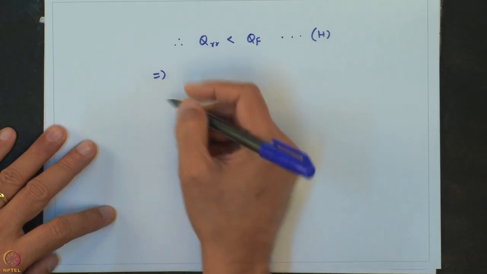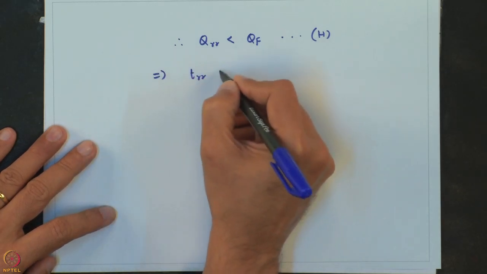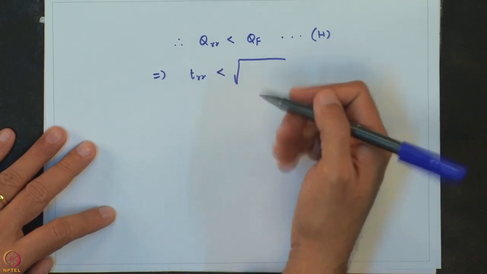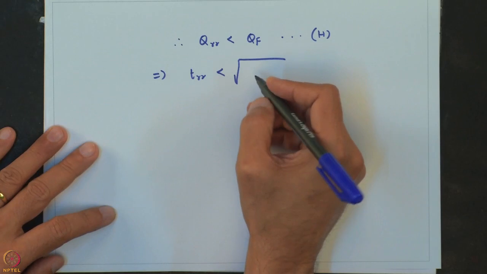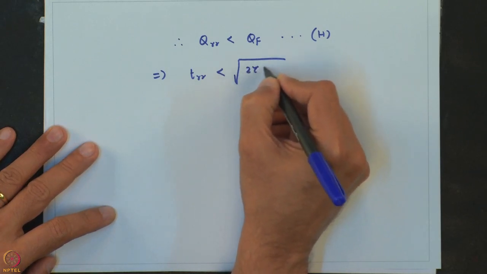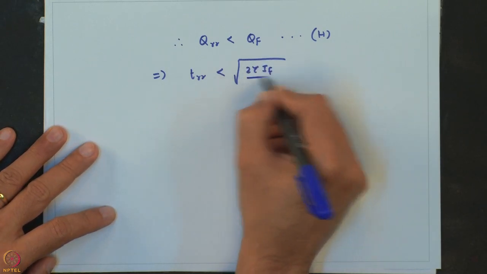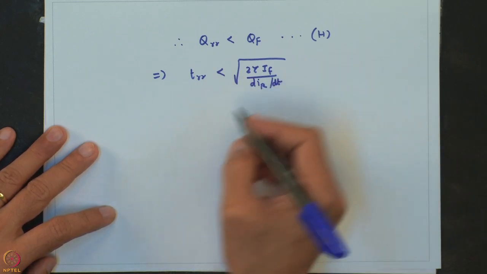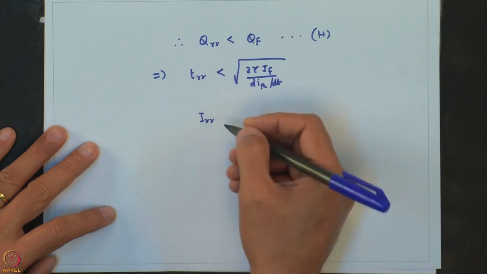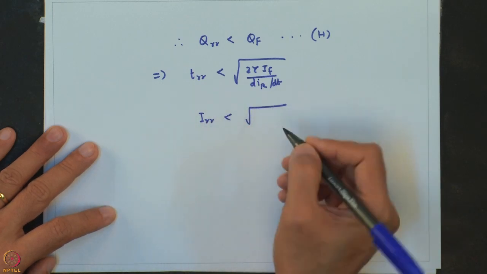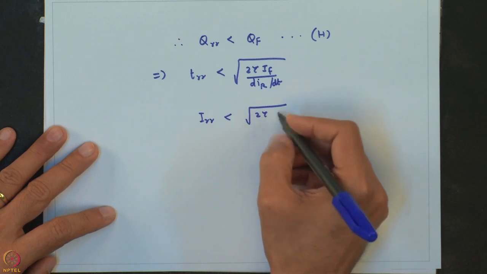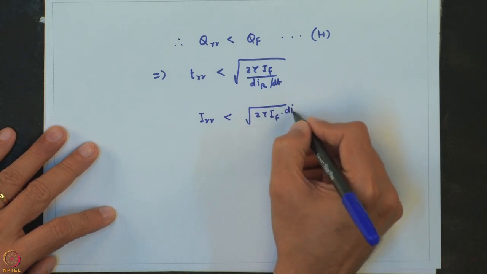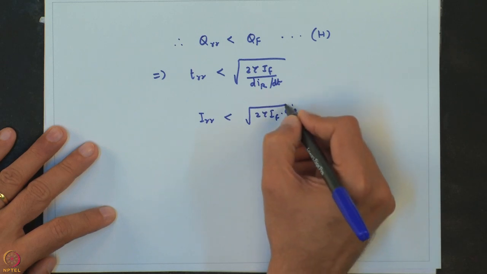Now, once we know this, using my expression E that we obtained earlier, I can say TRR is less than 2 tau IF divided by dIR by dt, and similarly IRR is less than 2 tau IF into dIR by dt.